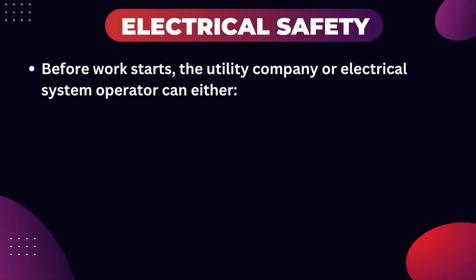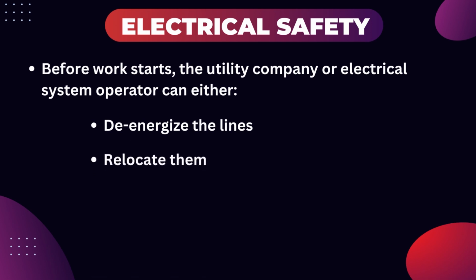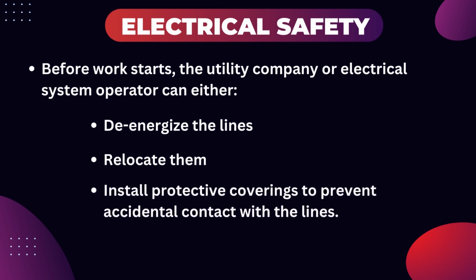So before work starts, the utility company, means the power supply company, or electrical system operator can either de-energize the lines or relocate them or install protective coverings to prevent accidental contact with the lines.